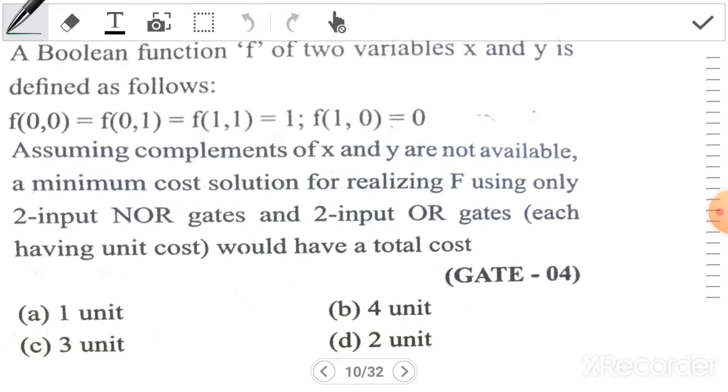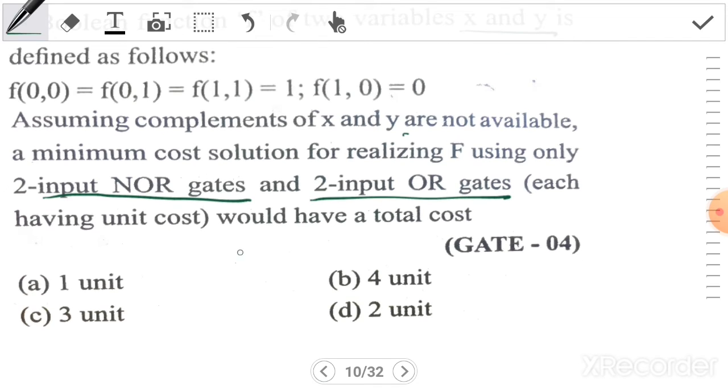A Boolean function f of two variables x and y is defined as follows. Assuming complements of x and y are not available, a minimum cost solution for realizing f using only two input NOR gates and two input OR gates, each having unit cost, would have a total cost.